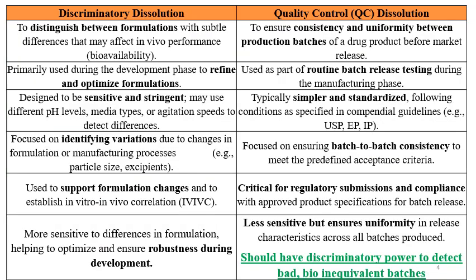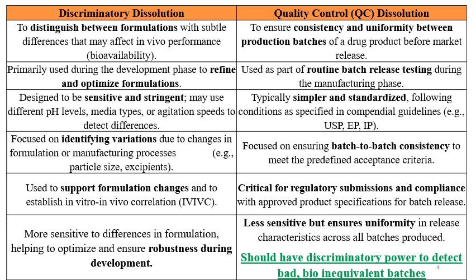Discriminatory dissolution is to distinguish between the formulations with suitable differences that may affect in vivo performance, that is bioavailability and bioequivalence. While QC testing is to ensure consistency and uniformity between the production batches before the product is released into the market. Discriminatory dissolution is primarily used during the development phase to refine and optimize the formulations.